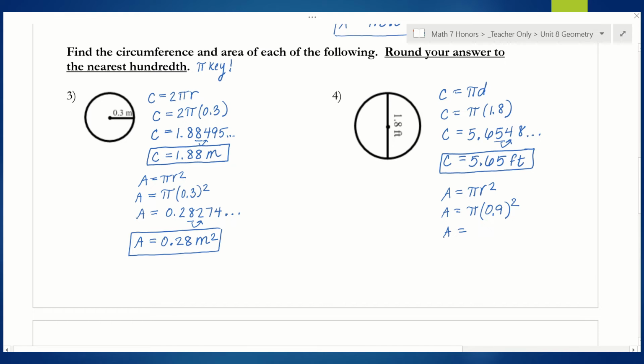So in your calculator, we're going to do pi times 0.9 squared to get 2.5446, and so on. And rounding that is 2.54 feet squared.